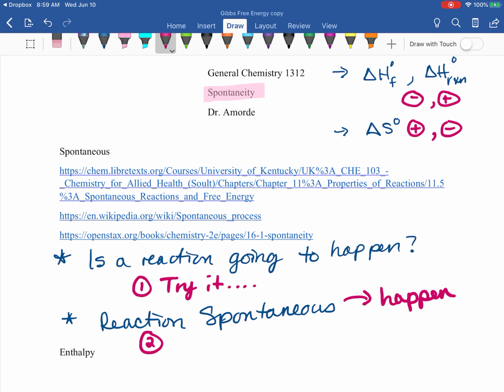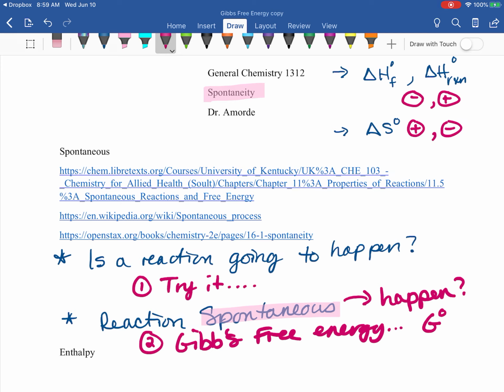Without any external factors, if you take two things and mix them, is a reaction going to happen? If it is, that is a spontaneous process. And how do we calculate that? This is all due to energy. This is something called Gibbs free energy, and that is our term G. On your table, you see a whole lot of values for that delta G. That is our Gibbs free energy.